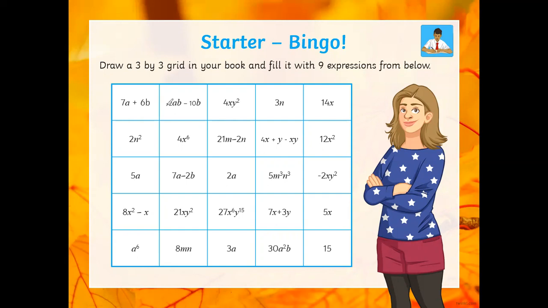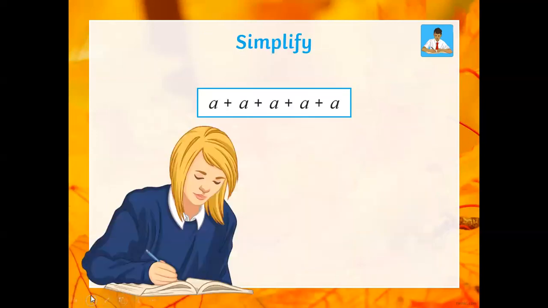If you notice, some of them have got powers. Some of them are power of 1. Some of them have two terms like a and b. Some of them have only one term in it. Some of them like this, 5m to the power of 3, n to the power of 3. So these are things that you have been exposed to before in Form 1.